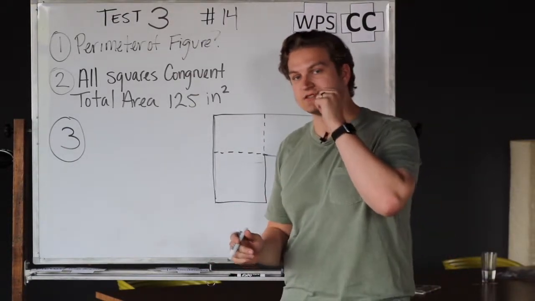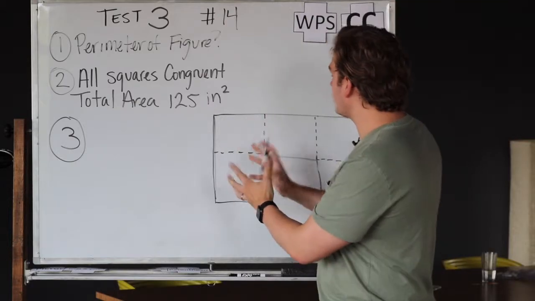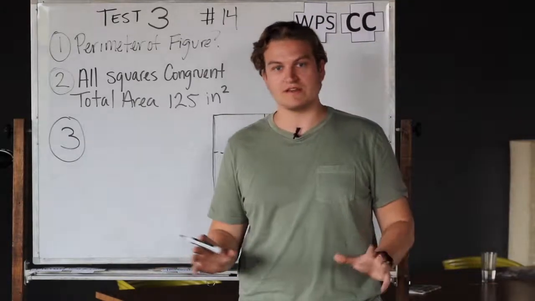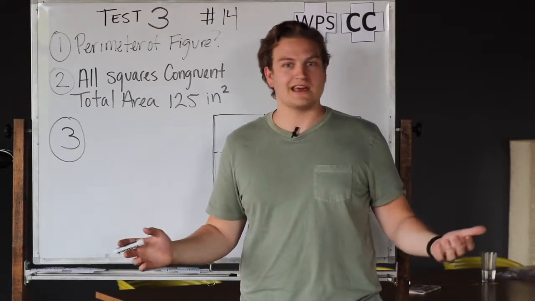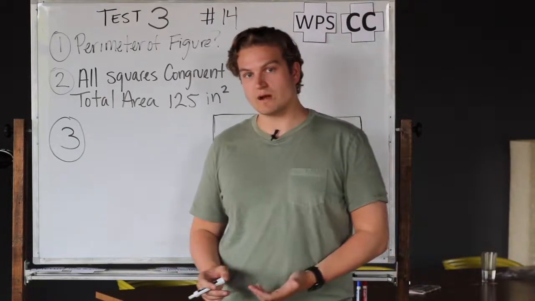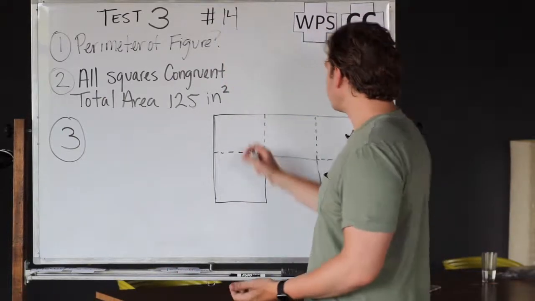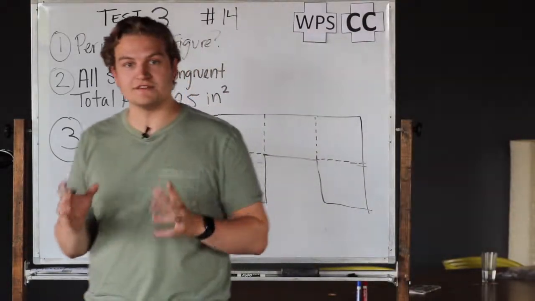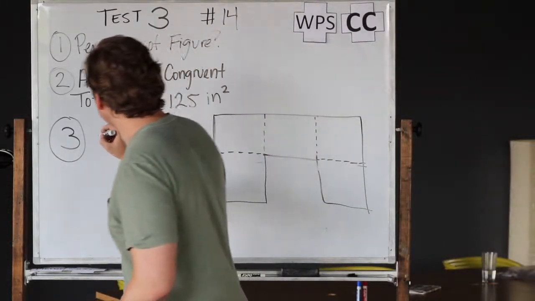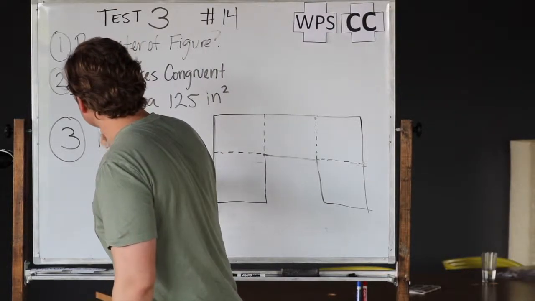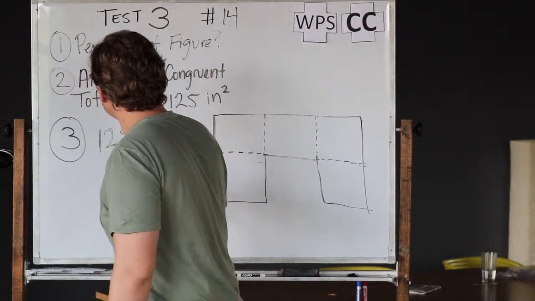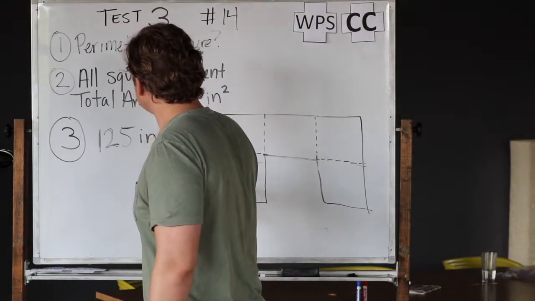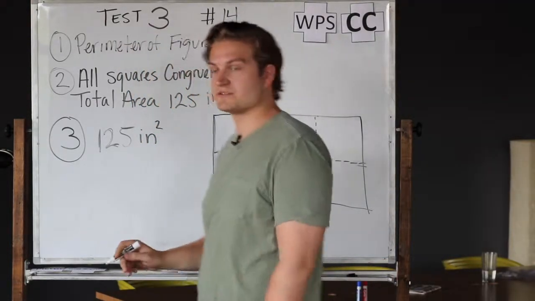So this is what I asked myself. I said, okay, I know that the area of the entire thing is 125, but what's the area of each individual square? Well, since all of the squares are congruent to each other, I can find the area of each square like this. The total area of the figure is 125 square inches.